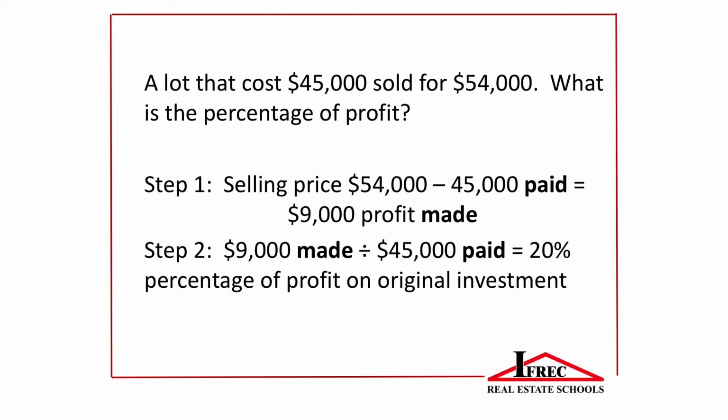Subtract the $45,000 which was paid to get the result of $9,000, which is the profit that was made. Step number two takes what you made, $9,000, divided by what you paid, $45,000, and it shows therefore a 20% profit on your original investment.